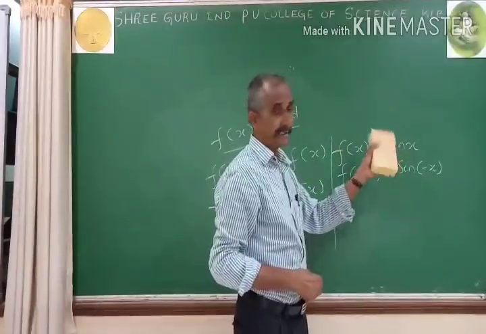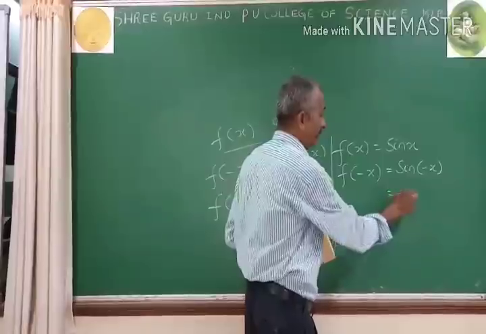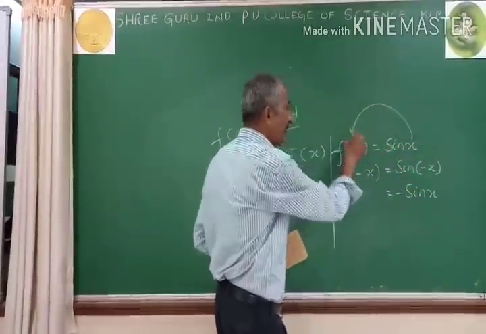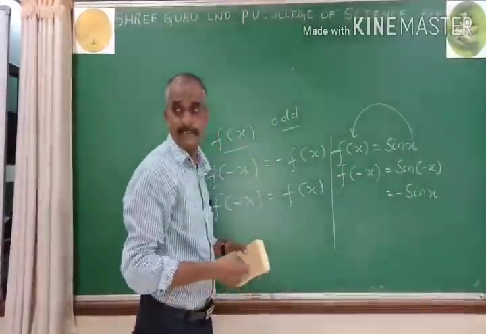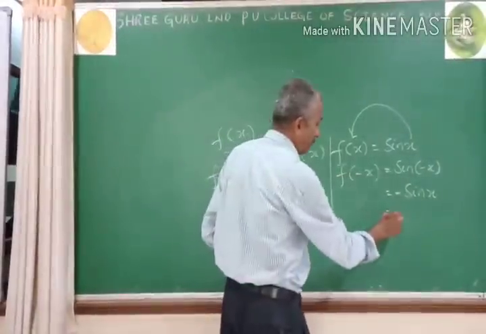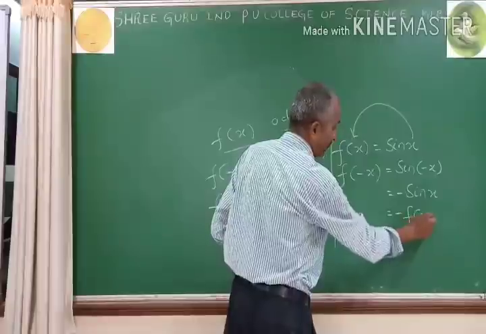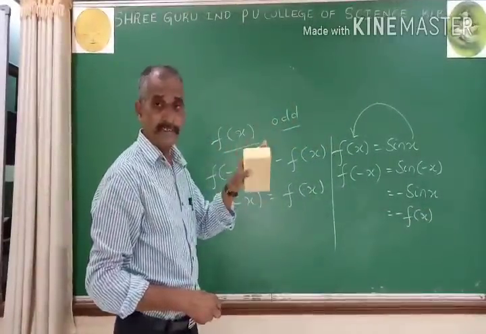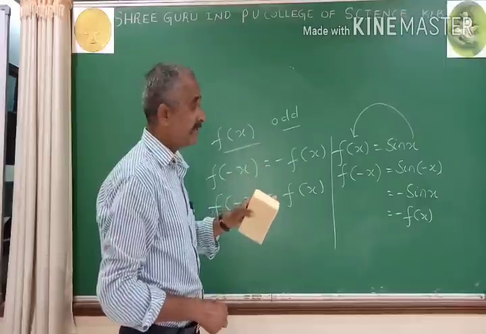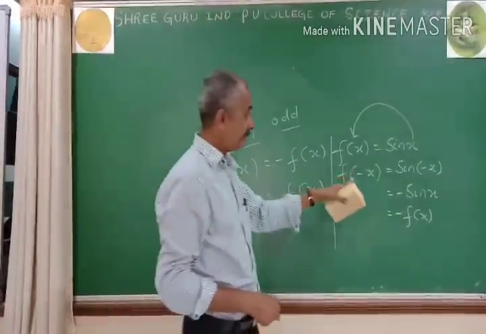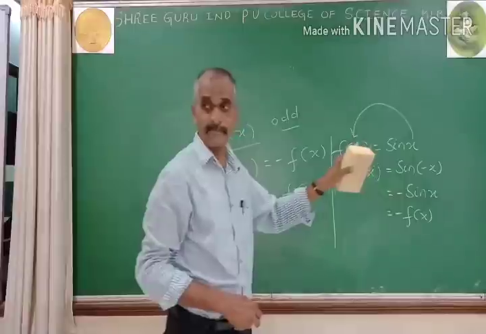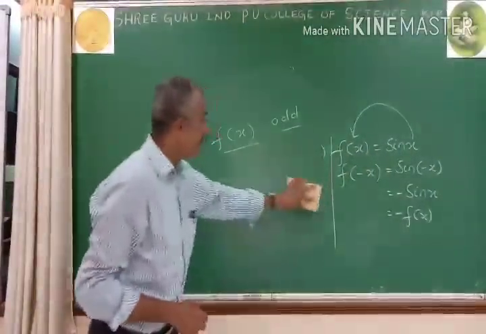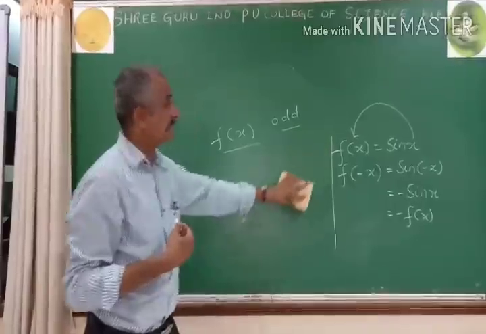That's why sin of minus x will become minus of sin x. But sin x is already assigned as f of x. Hence it will be equal to minus of f of x. So what we can now say is that the function sin x is an odd function because it obeys the condition f of minus x equal to minus of f of x.